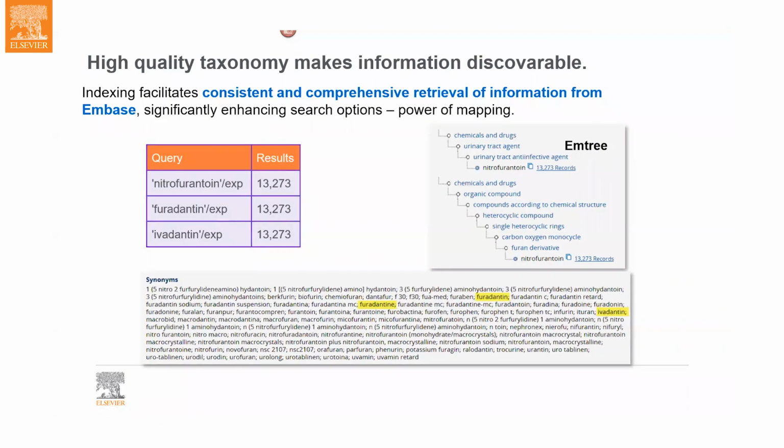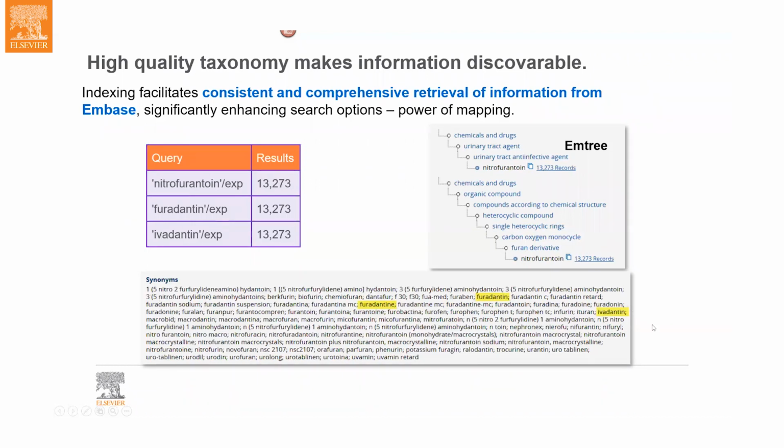But the taxonomy, which is implemented in Embase, will let you find 13,000 articles about this drug, because Embase automatically covers all the synonyms of this drug, which has the international non-proprietary name, nitrofurantoin.